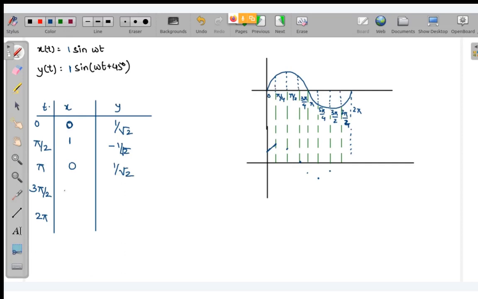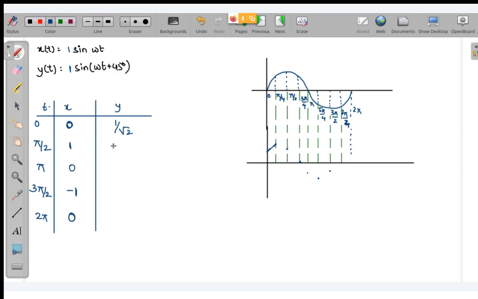Sorry, I am messing up something over here. Please tell me all the values. I am just messing up the values. Okay, use your calculator and let me know. So this is simple. This is pi by 2, means 1. This will be 0. This will be minus 1. And this is 0. Over here, if I have 90 plus 45, that is 135.